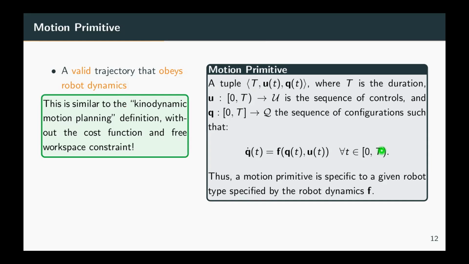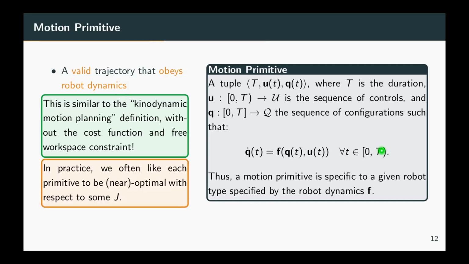In principle, this is extremely similar to the definition of kinodynamic motion planning from lecture 1. The only difference now is that we do not have a cost function here, and we also don't have these collision constraints. Typically, for motion primitives you completely ignore the collision constraints, because you want to look at them at runtime.